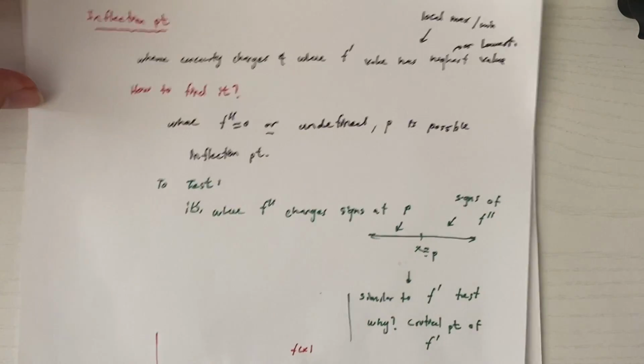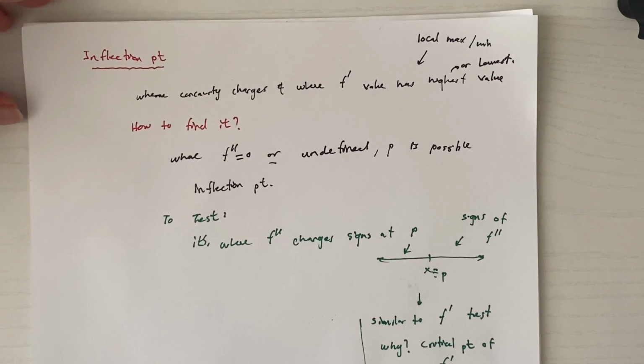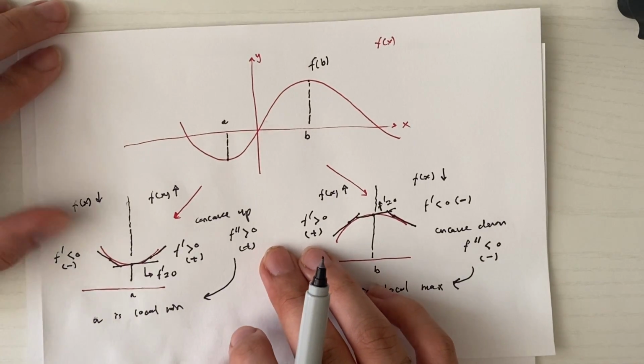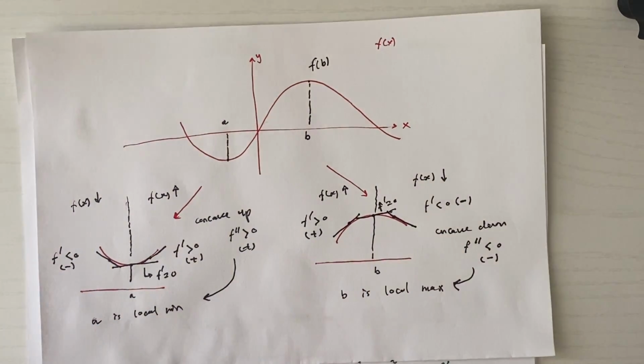Now let's talk about inflection points. An inflection point is where concavity changes. So if we go back to the function f of x and we want to notice where the inflection point is, again, it's where concavity changes. We can go from concave up to concave down, or from concave down to concave up.